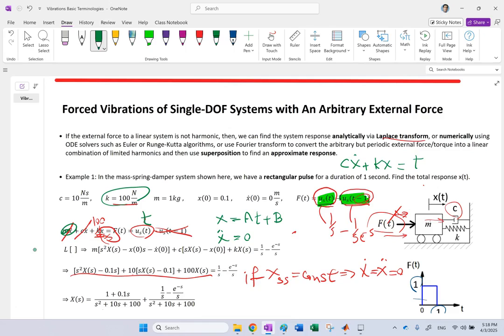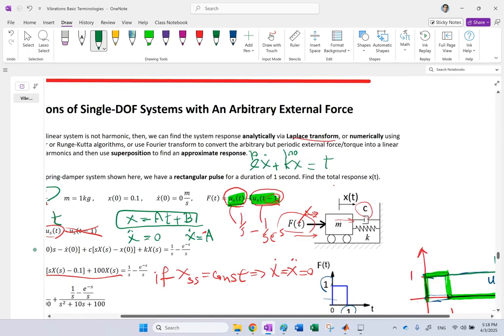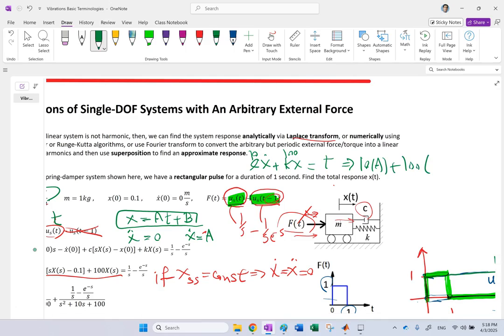Okay, now this K is 100 and this C is 10. Now, if your steady state behavior is like this, your x dot is simply going to be A. So what would you get? You will get 10 times A plus 100 times x, which is At plus B. This is equivalent to simply t.